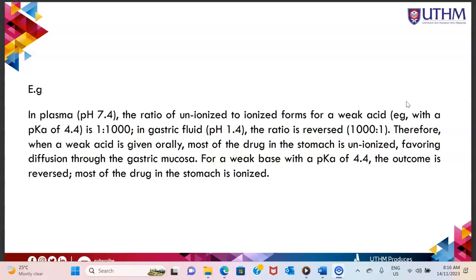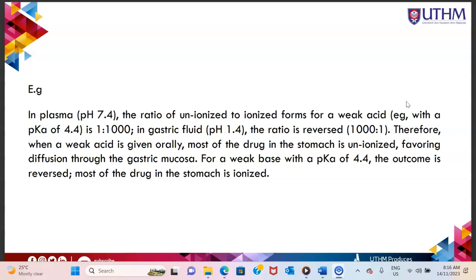So when we understand this principle, which is crucial in pharmacology, particularly in predicting and optimizing the absorption of drugs when administered orally, it helps in designing drug formulations that consider the physiological conditions of the gastrointestinal tract to enhance the drug's bioavailability.